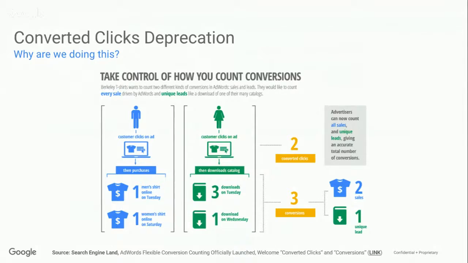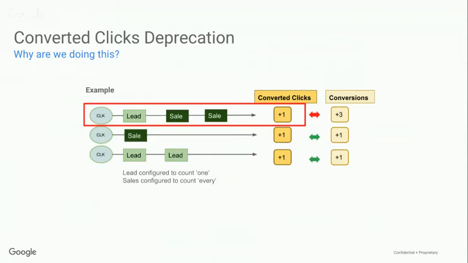So just to clarify this even further, I'd like to go through another example wherein we have three situations. The first situation is a click on an ad, a download of the catalog, and 2 sales thereafter. In this situation, again, we will only count this as one converted click.